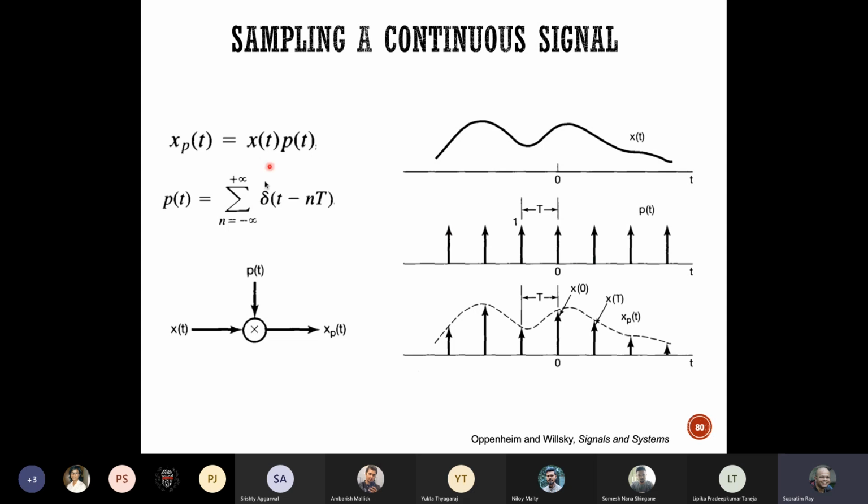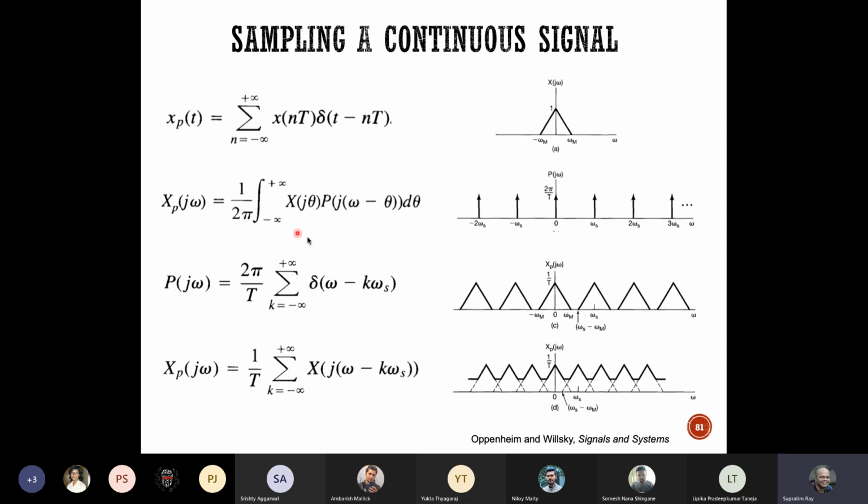So multiplying the signal with the comb function is equivalent to convolving the Fourier transform of the continuous signal, which is here, with the Fourier transform of the comb function, which is another comb function. Okay, so this is the convolution. This comes directly from the fact that multiplication in time is equivalent to convolution in frequency domain.